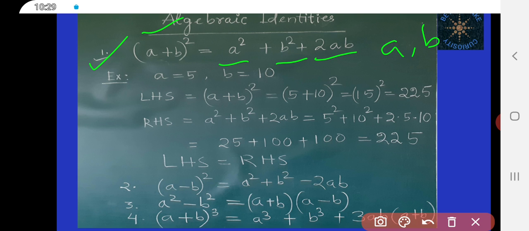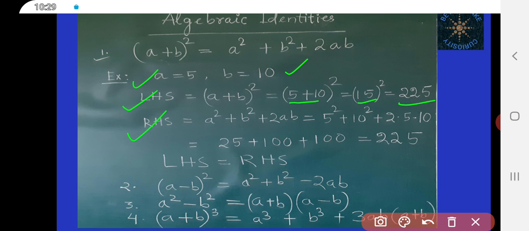Now take any values of a and b, and this equation is satisfied. Let a equal to 5, b equal to 10. Then LHS, (a plus b) whole square, is (5 plus 10) whole square. 5 plus 10 is 15, and 15 square is equal to 225.